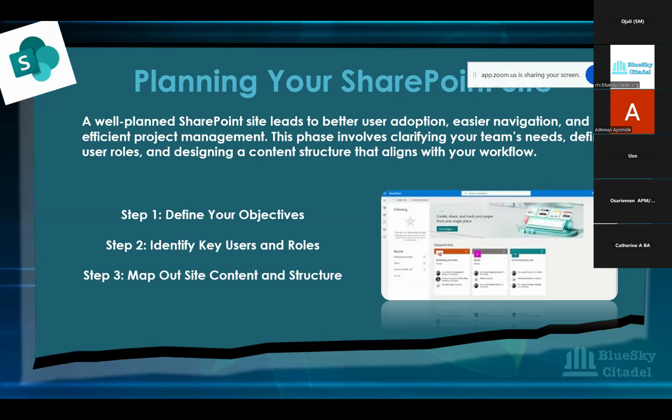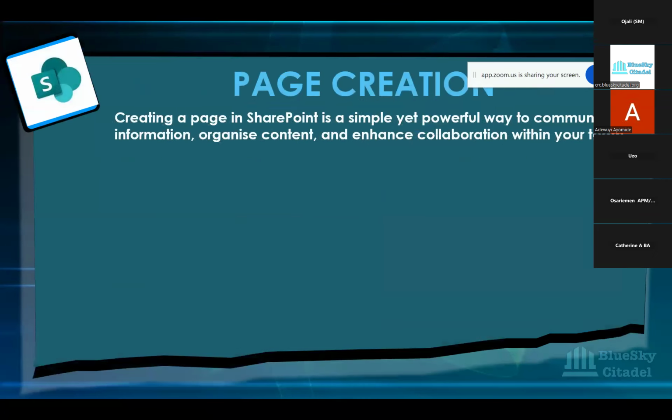Okay. All right. So, page creation. I will show you actual practical examples of this, but I'll just go through what it's supposed to look like, theoretically. It's very simple. SharePoint is a no-code solution, so it's basically drag and drop. You don't have to know coding, you don't have to write any line of code, nothing.